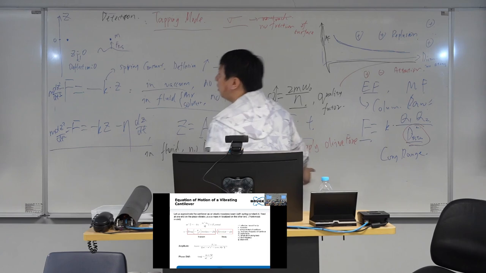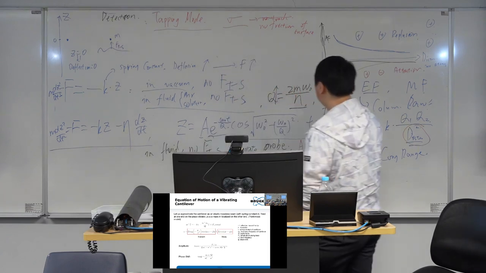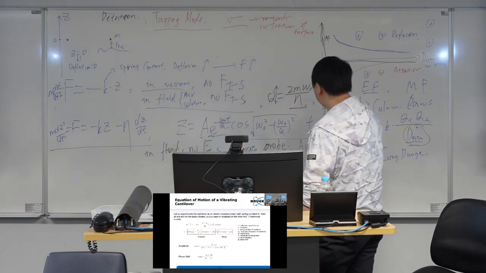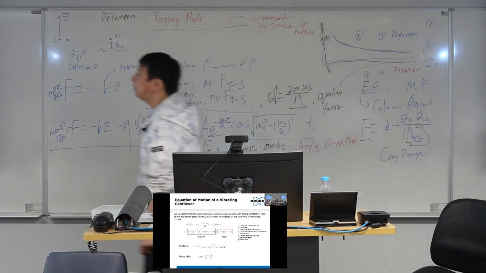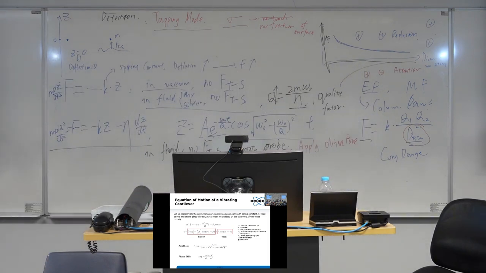So we apply a driving force. This kind of driving force, we show it in the slide here. The probe has a deflection. The probe has the spring force from the cantilever.